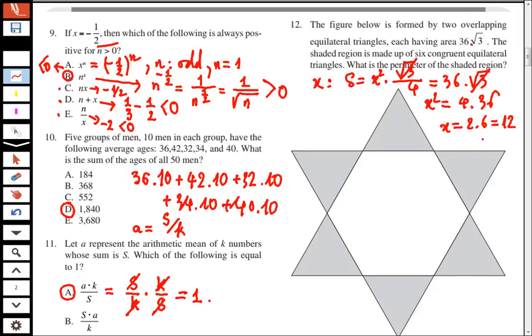And we easily see that there are six shaded equilateral triangles: 1, 2, 3, 4, 5, 6.